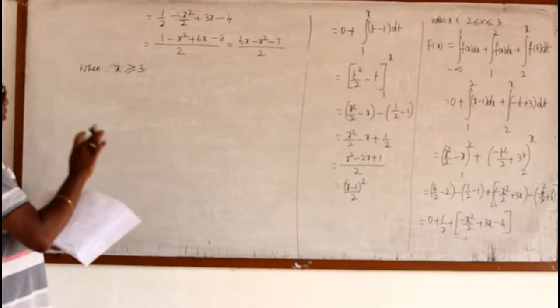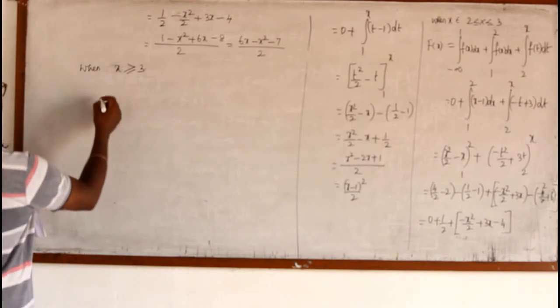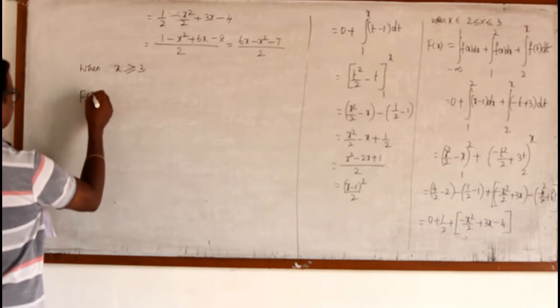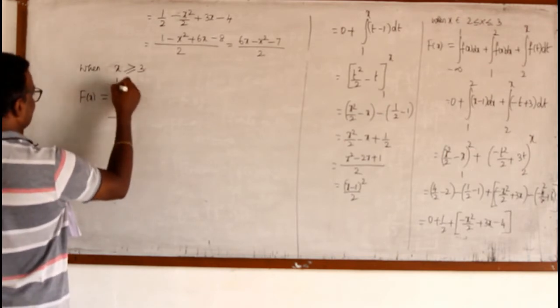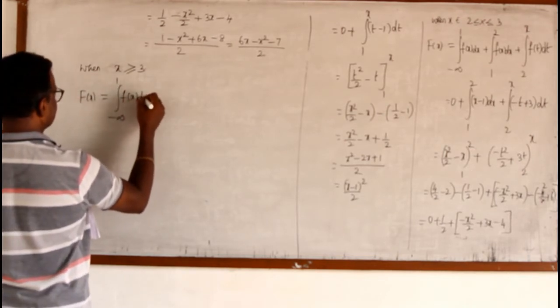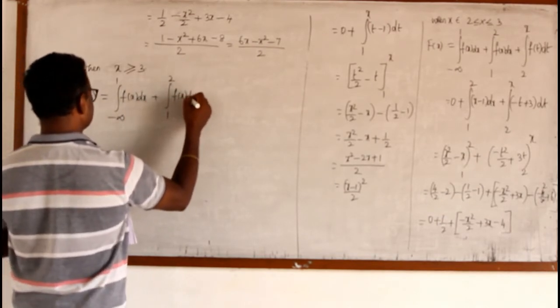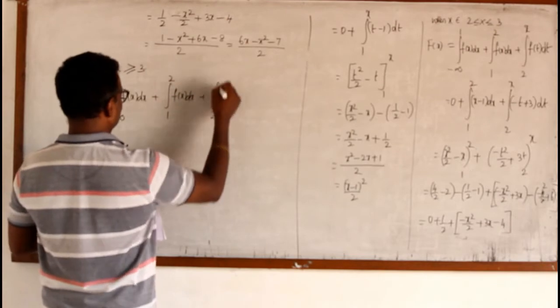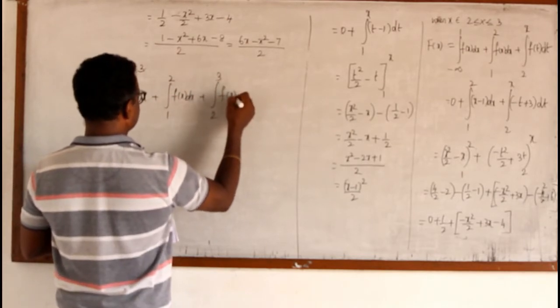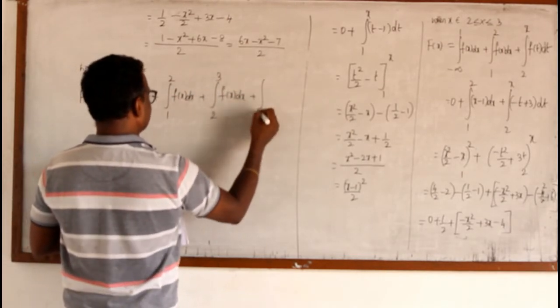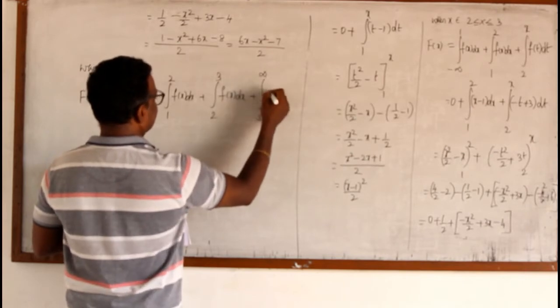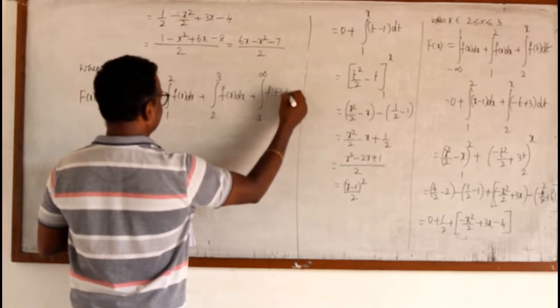Because the function exists only up to 3, beyond it I have to add from the beginning: minus infinity to 1 f of x dx plus 1 to 2 f of x dx, then 2 to 3 f of x dx, then from 3 to infinity f of t dt, the final one.